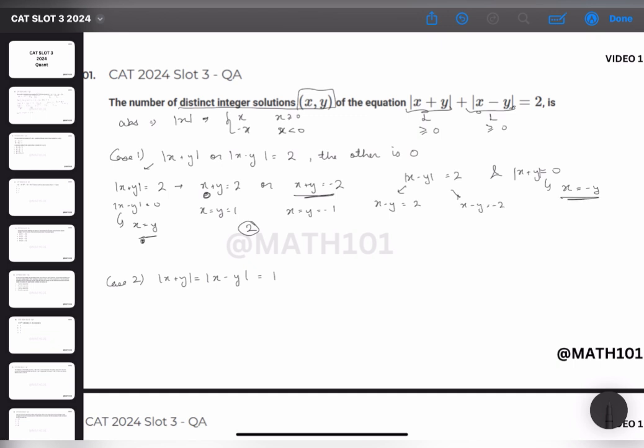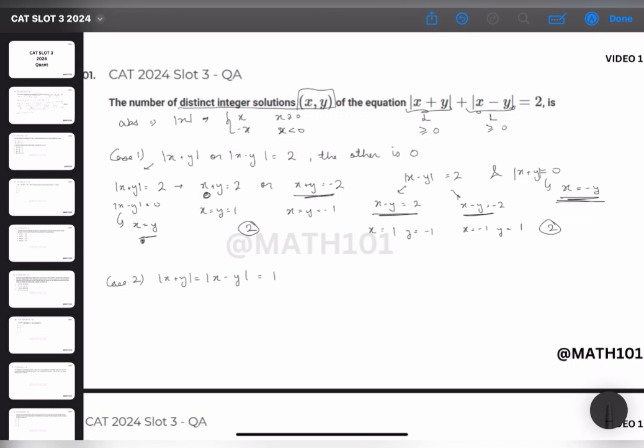So using this and this, we get x equals 1, y equals minus 1, and using this and this, we get x equals minus 1, y equals 1. So we have two solutions from here.